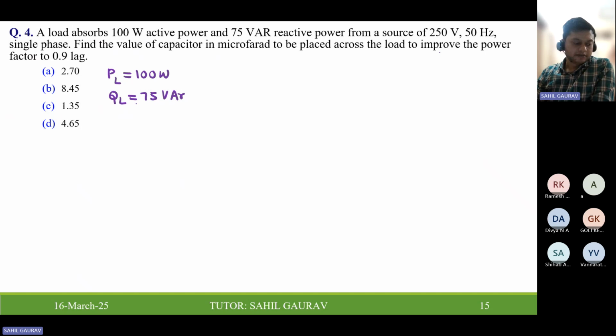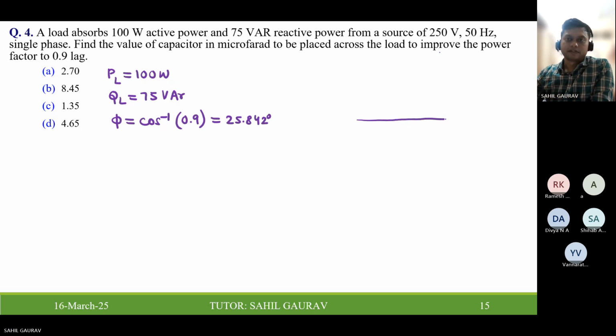So the angle phi after compensation is cos inverse 0.9, which is 25.842 degrees. So this PL is 100 watt and QL is 75 VAR.